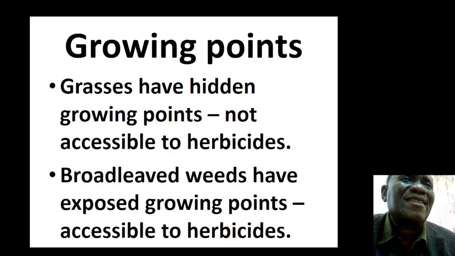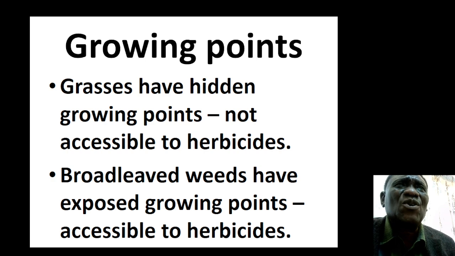Growing points. Now, grasses have got hidden growing points where there's meristematic activity, and that area is not accessible to herbicides because it is the meristematic activity which houses the site of action of these herbicides.